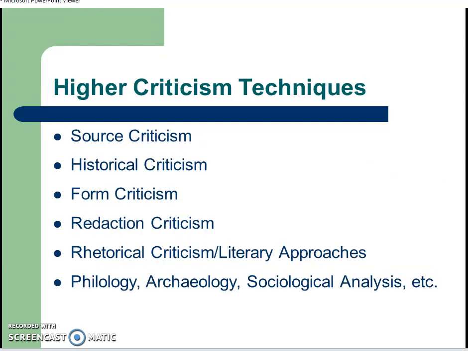Now, higher criticism has a number of techniques that we will discuss in a later lecture. Source criticism, having to do with documents used by an author in compiling and writing his document. Historical criticism that places the writing in its historical context. Form criticism, which emphasizes literary genres and how they were passed down over time.